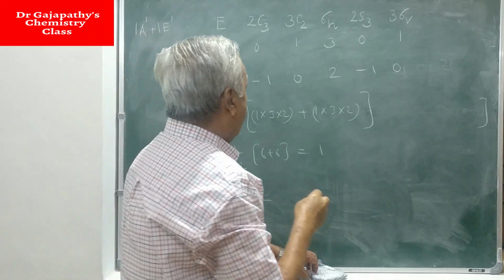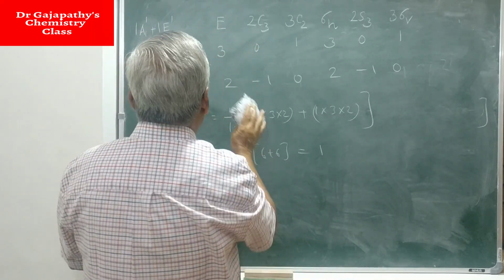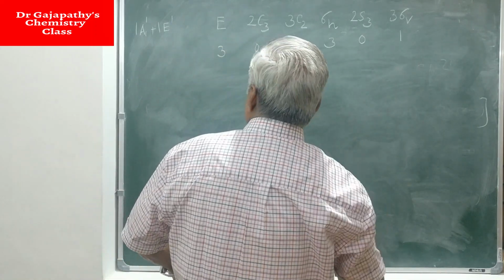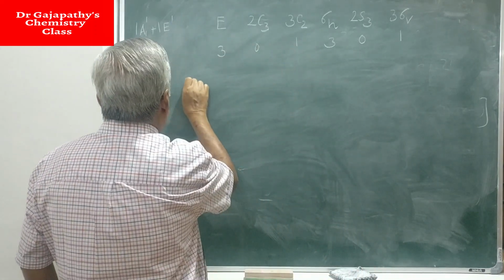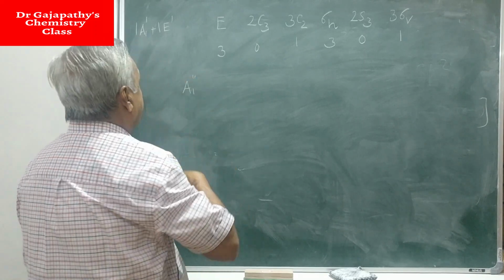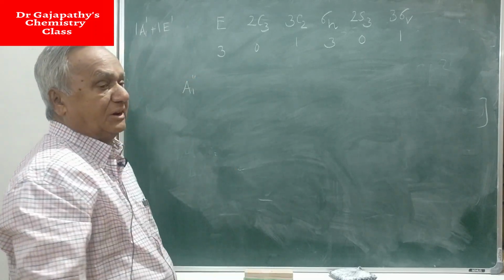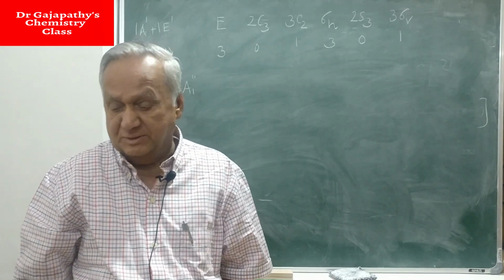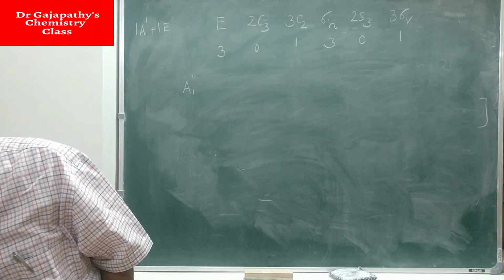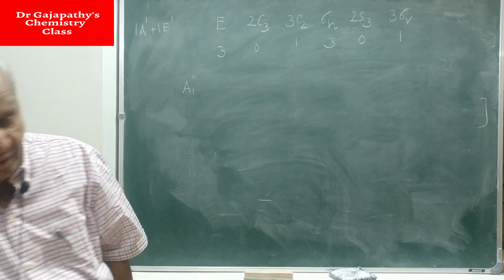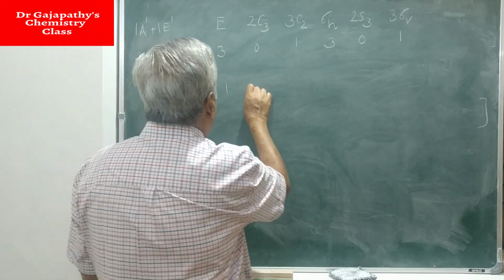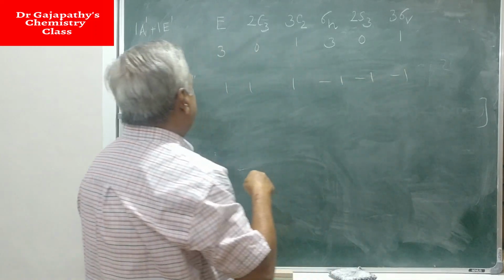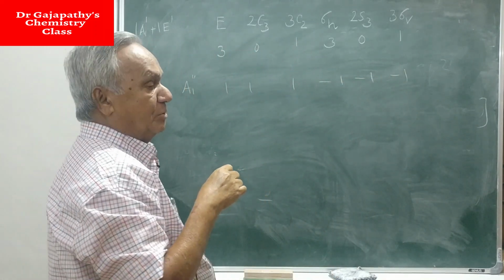Let me find out how many A1 double primes are present in this. The characters for A1 double prime in the irreducible representation are 1, 1, 1, minus 1, minus 1, minus 1.